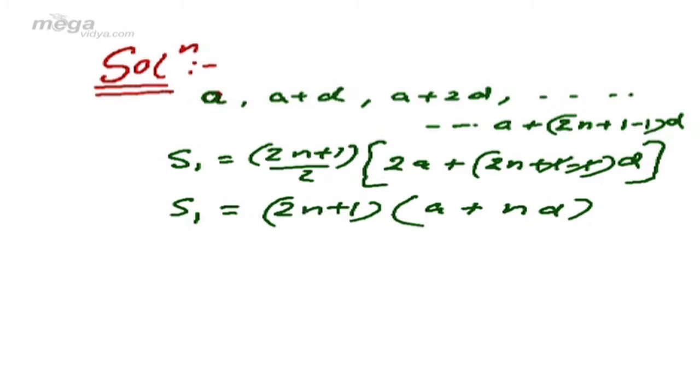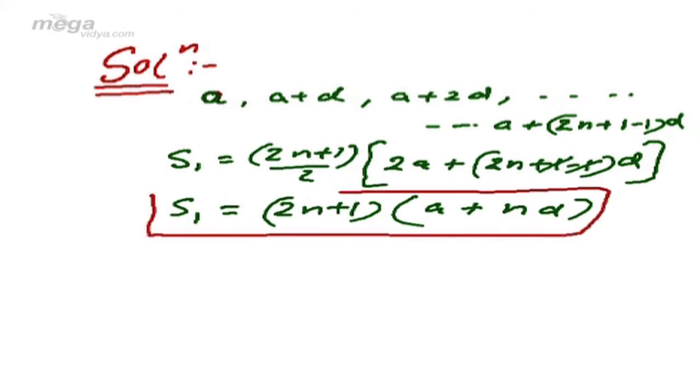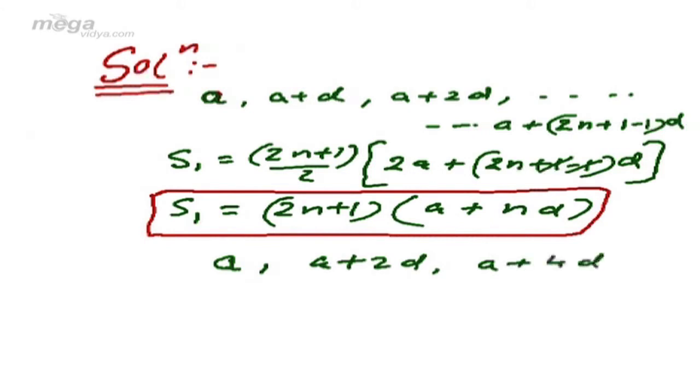But in the question, S2 is given. This is S1, but S2 is the sum of odd terms. Odd terms, it means this is the first term, that is odd. This one is the third, that is odd. It means the collection of odd terms is a, a + 2d, a + 4d, up to the last term.